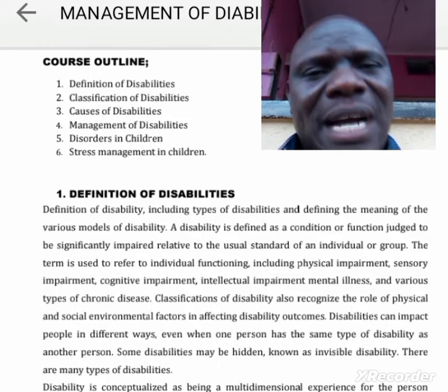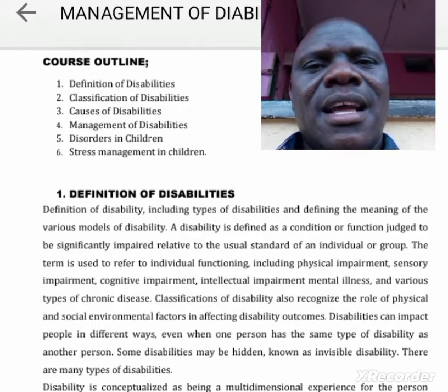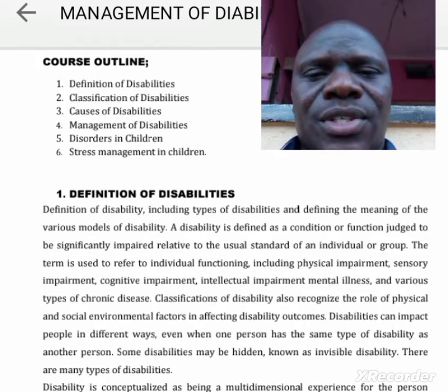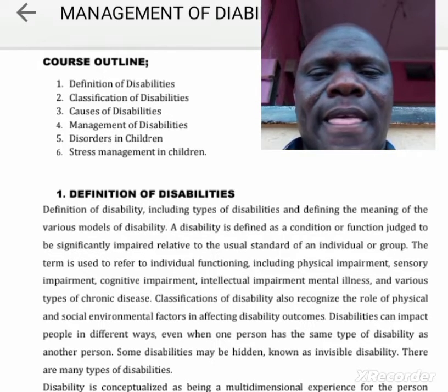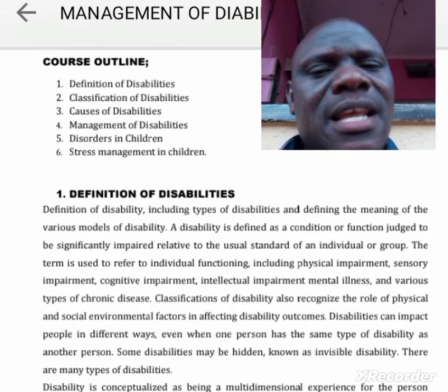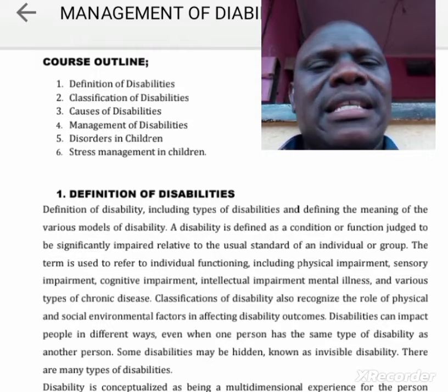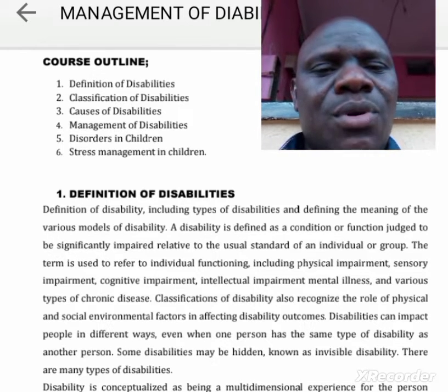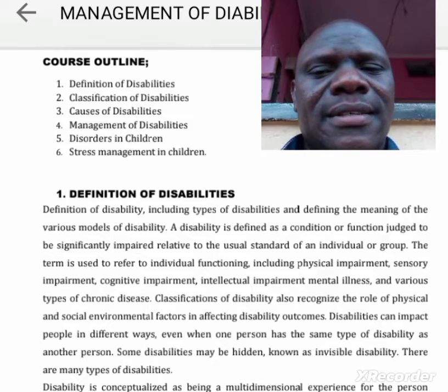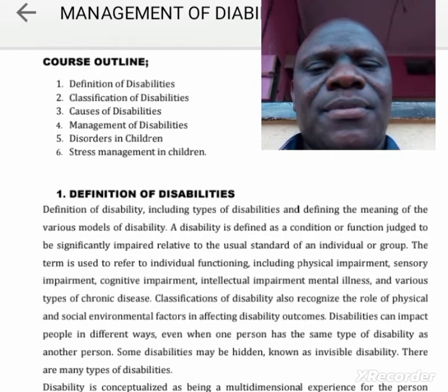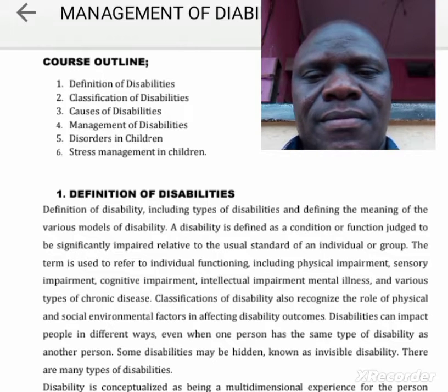Disabilities impact a child's daily operations. But some disabilities may be hidden, and these hidden disabilities are known as invisible disabilities. And there are many other types of disabilities.